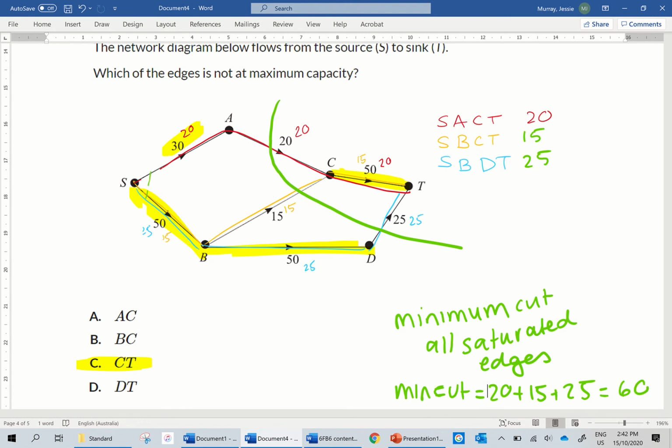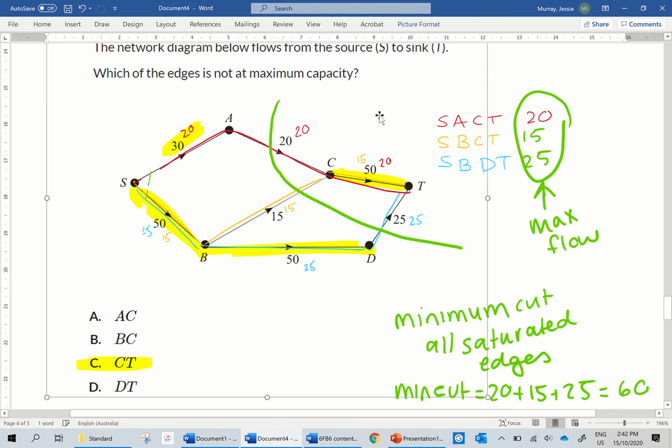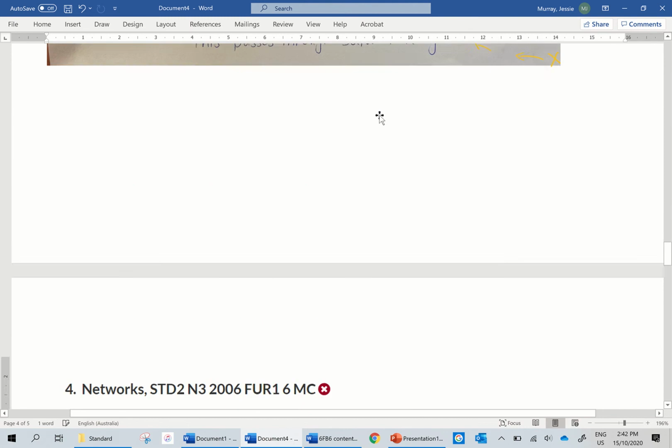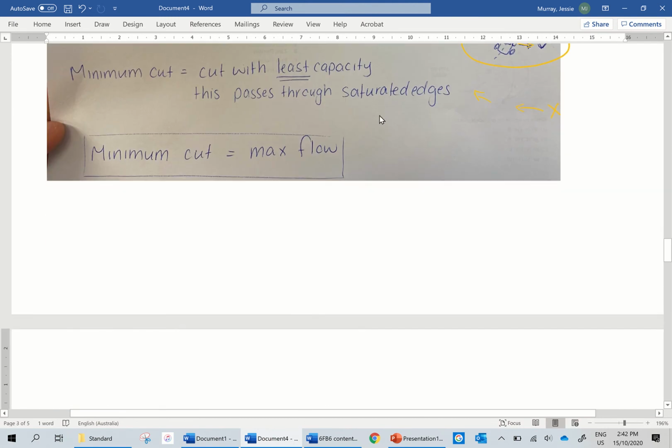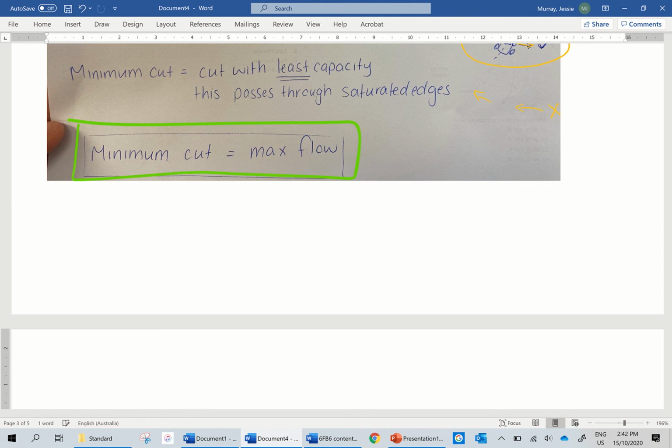Okay, now notice the maximum flow through the entire network is all of these, because we labeled them before as the maximum amount of water. Now remember, up here on my little summary scan, this theorem here: minimum cut equals maximum flow.